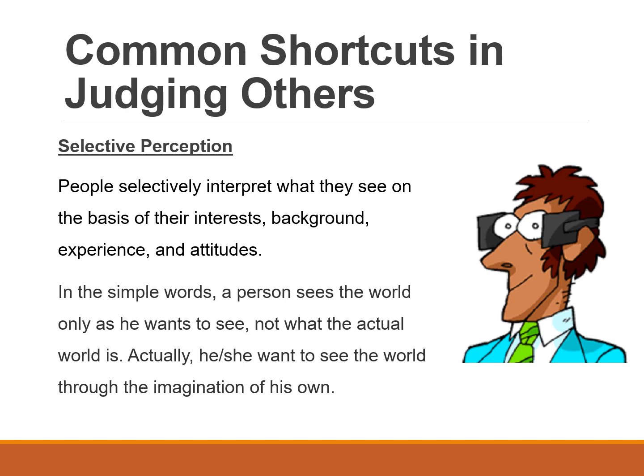So he always tries to select candidates from the University of California. People selectively interpret what they see on the basis of their interest, background, experiences and attitudes.